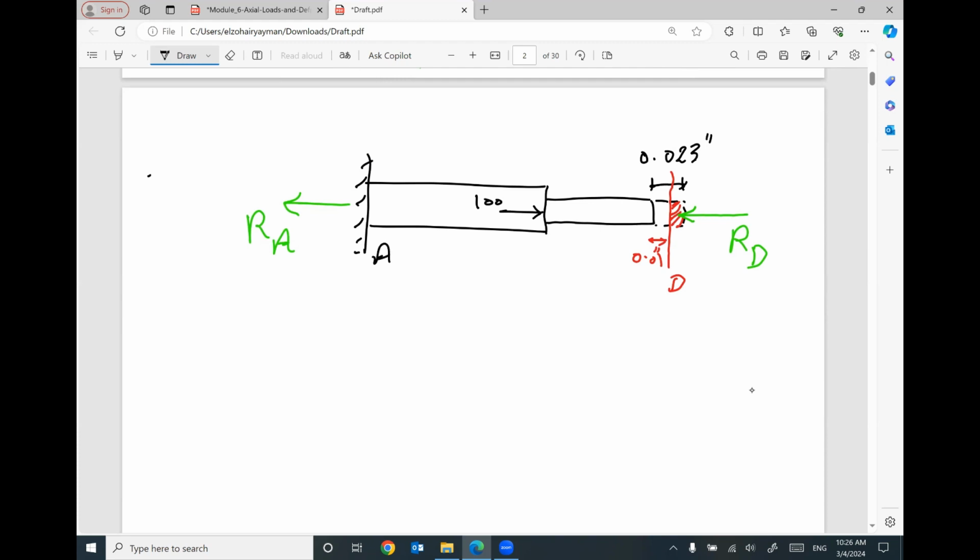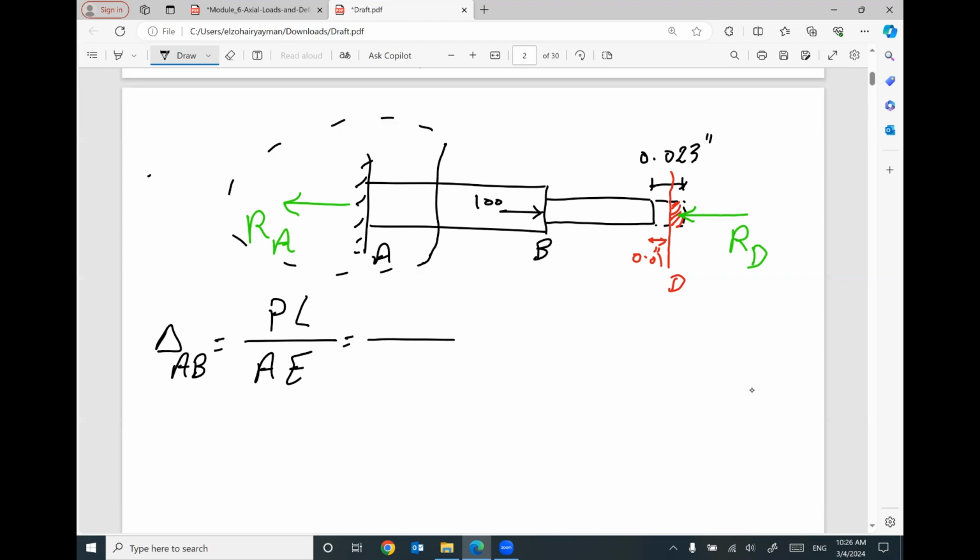So we have part AB and we have part BD. For part AB, the elongation will equal PL divided by AE. The applied force in this part, if you cut and consider the left part, will be the reaction RA. The length of this part is 1 feet, multiplied by 12 to be inches. Area is pi divided by 4 times 1.5 squared, the diameter of this part, Young's modulus 29 times 10 to the power 3.